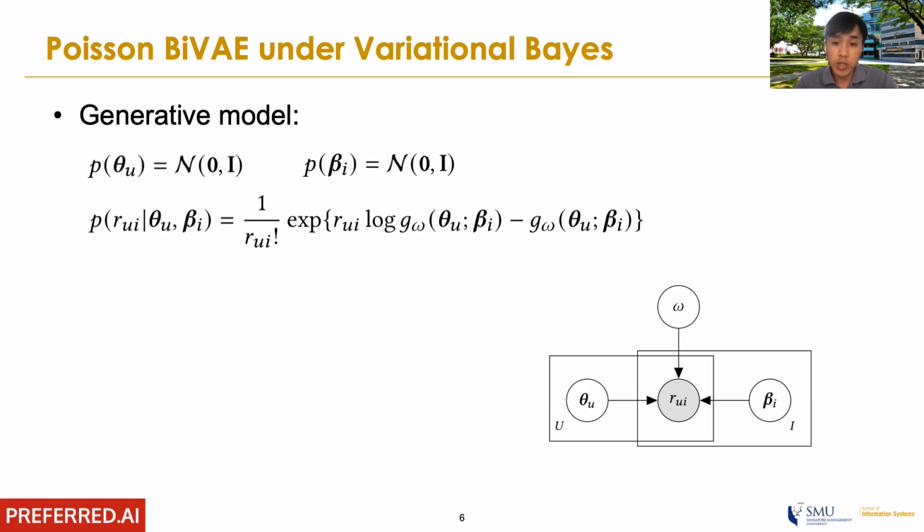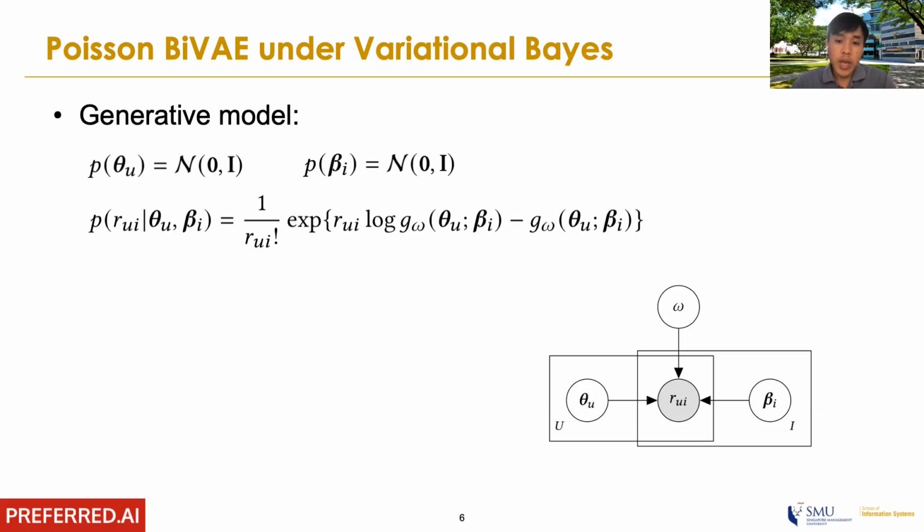The well-known difficulty of learning this sort of latent variable model lies in the intractability of the posterior distribution. It's intractable to estimate the posterior.